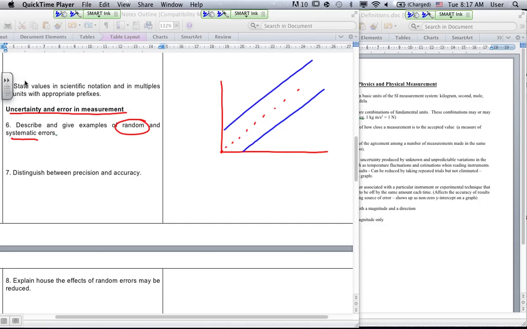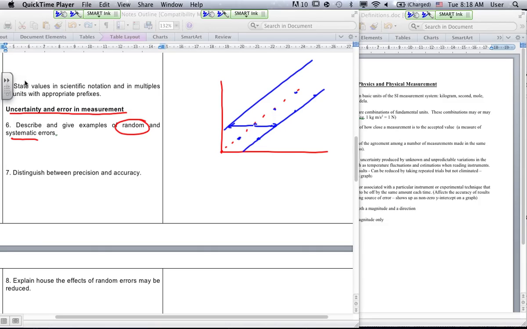It knocks off all the values by a certain set amount and therefore knocks off your graph. So instead of being there, your value is there. It's knocking off by the same amount each time, and it shifts the graph either one way or the other way like that.